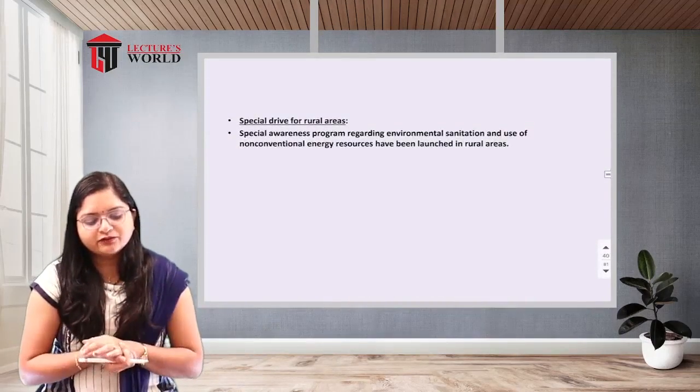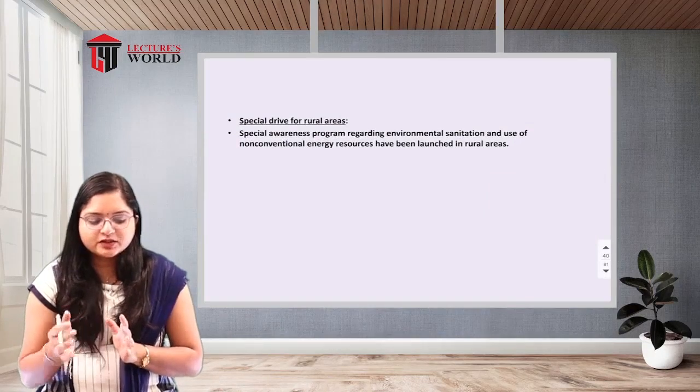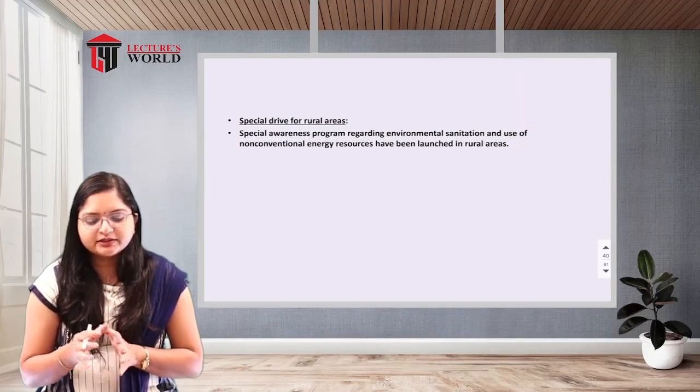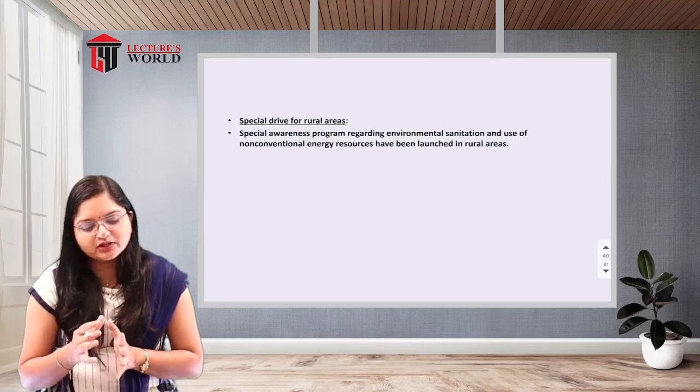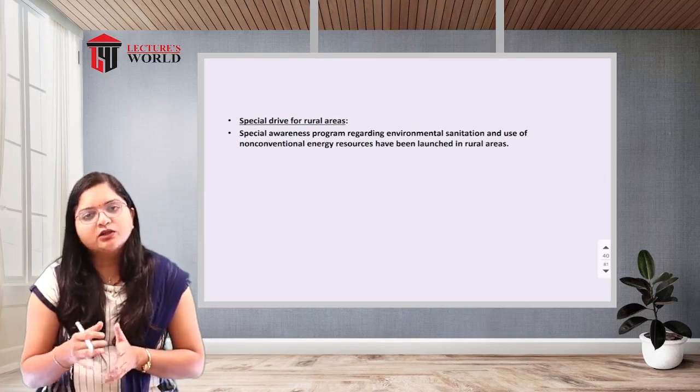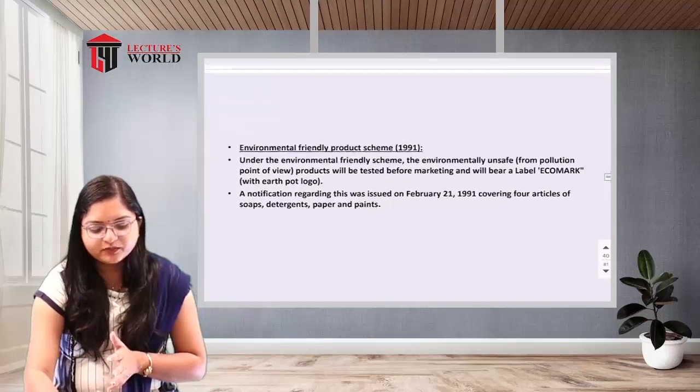Then a special drive for rural areas. Special awareness programs regarding environmental sanitation and use of non-conventional energy resources have been launched in rural areas.